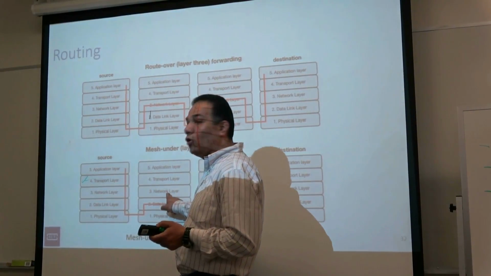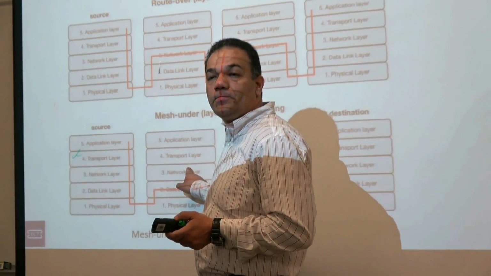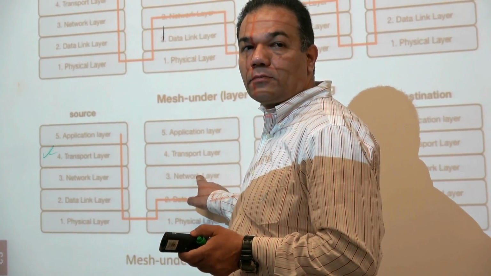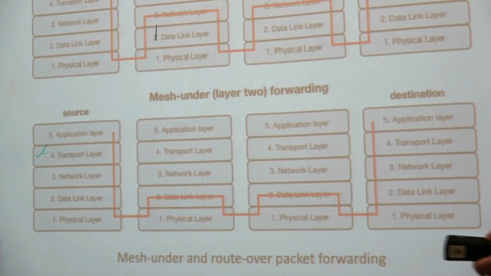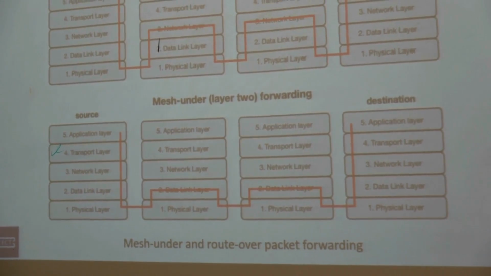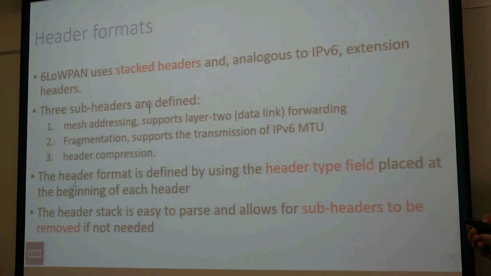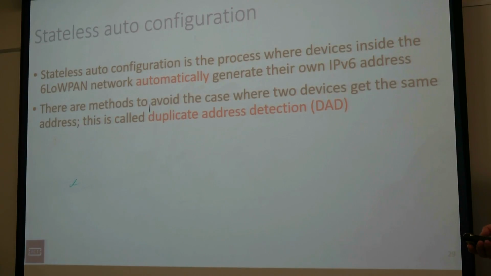So the data does not go all the way to the network layer. Alright, so there are two ways of operation, as we said here. So there's mesh under and route over.